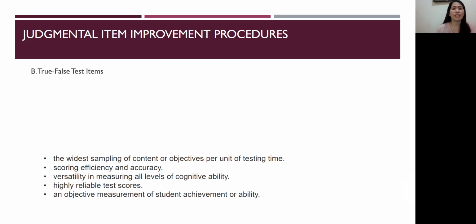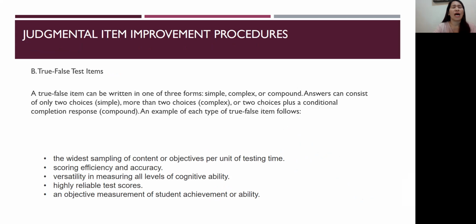The true or false test items. A true-false item can be written in one of three forms: simple, complex, or compound. Answers can consist of only two choices for simple, more than two choices for complex, or two choices plus a conditional completion response, which is compound. An example of each type of true-false item follows.